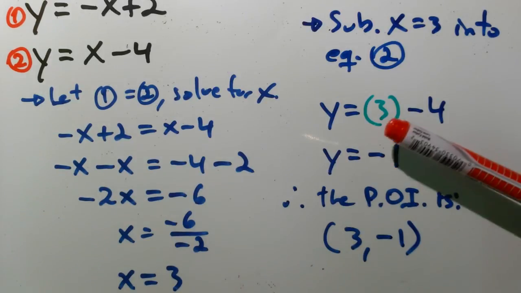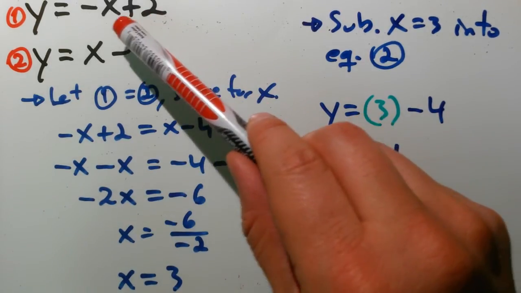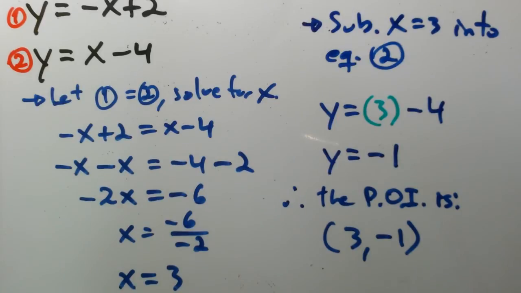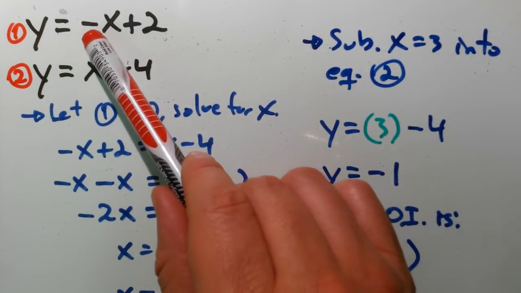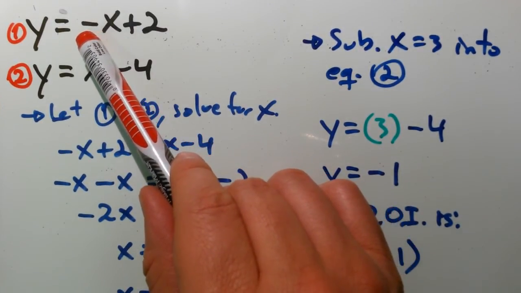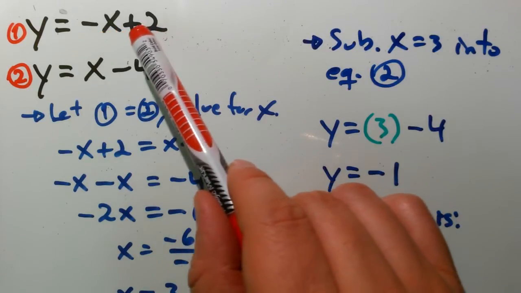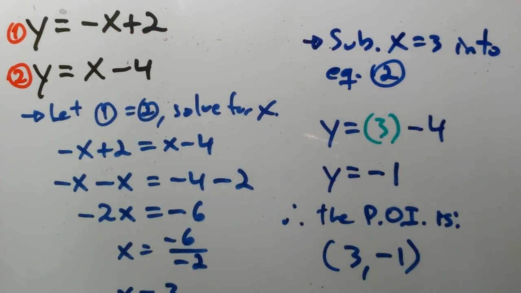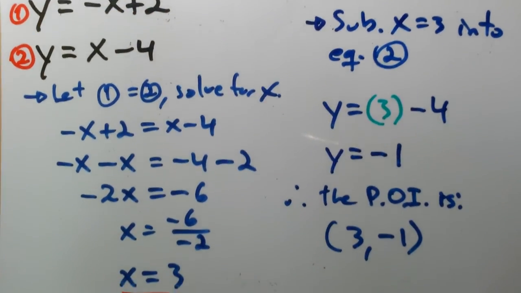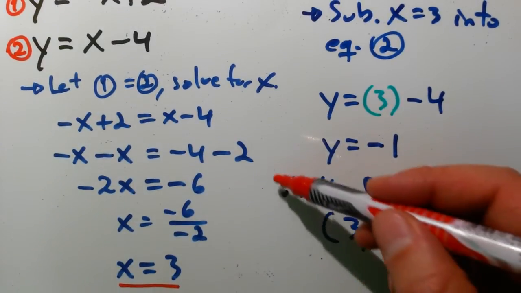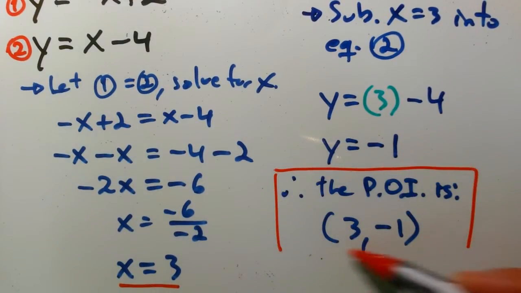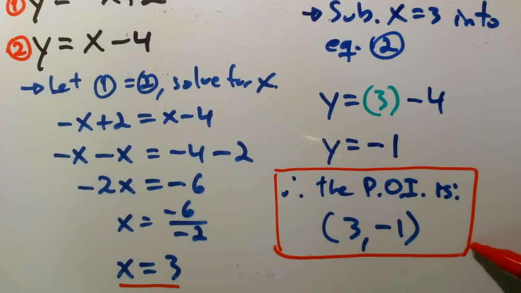Notice that if we take the 3 and substitute it into the first equation, which was minus x plus 2, it would have turned out to be negative 3 plus 2, which gives us negative 1, the same answer. So let's keep that in mind, and this is our solution. We have solved the system of linear equations.